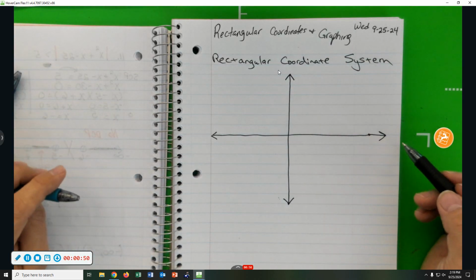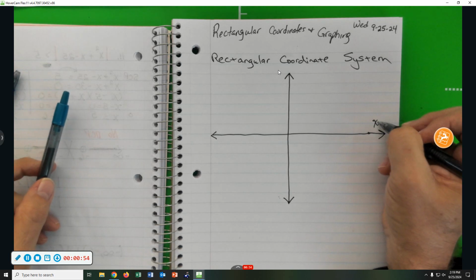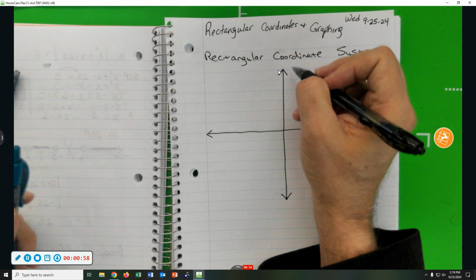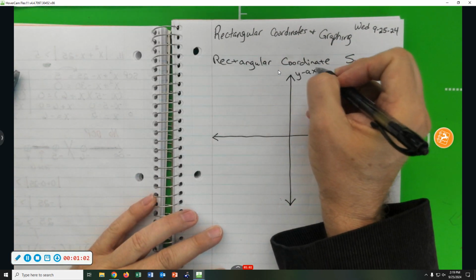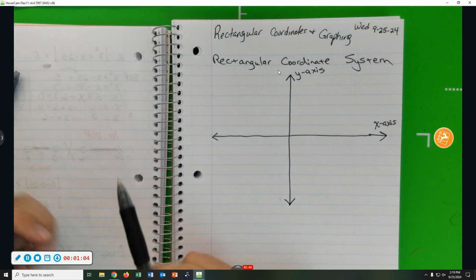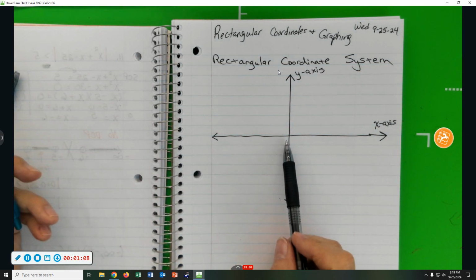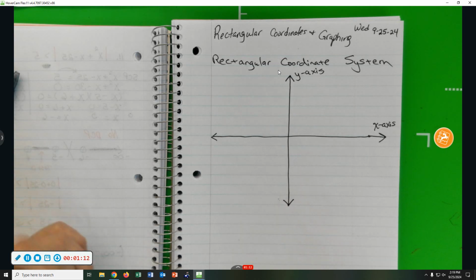The horizontal number line is frequently called the x-axis. The vertical number line is called the y-axis. The point of intersection of the two number lines corresponds to 0. So right there, that point of intersection is 0.